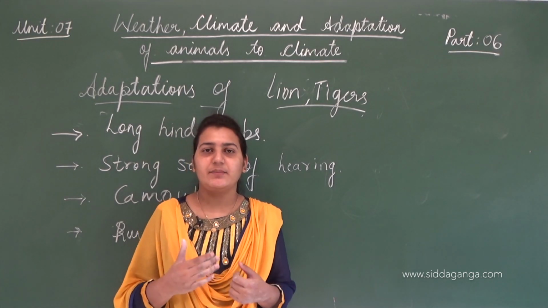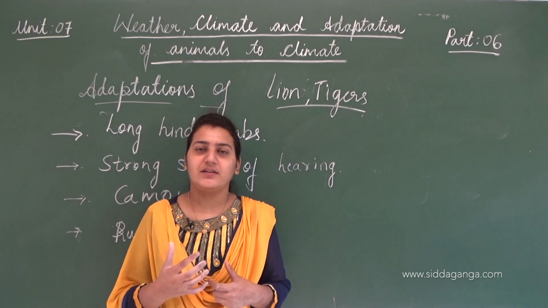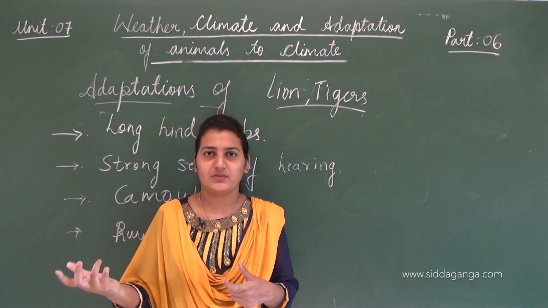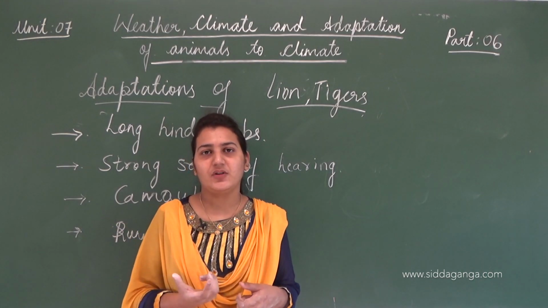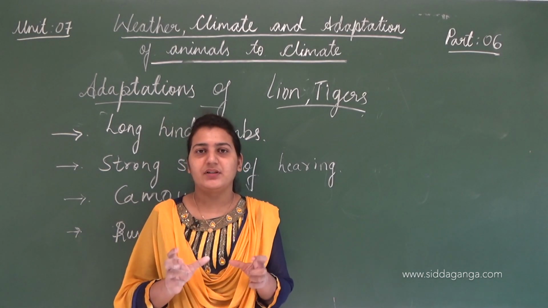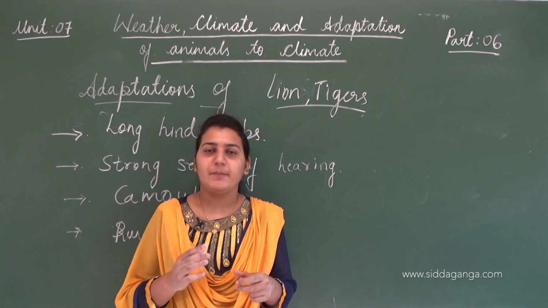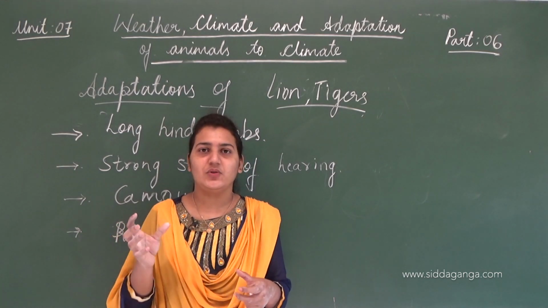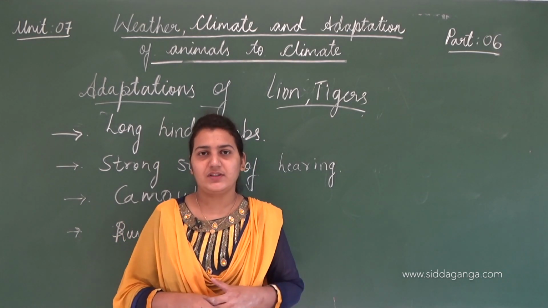And we have seen many animals living in the tropical rainforest. What is the climate of the tropical rainforest? It is hot and humid, and this particular climate is most favorable for many of these animals.